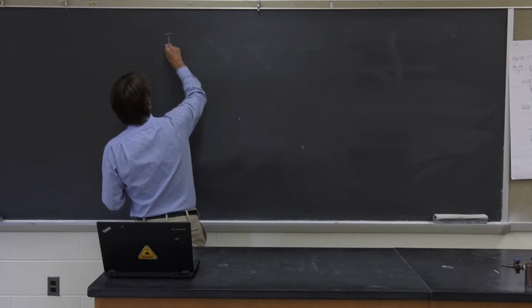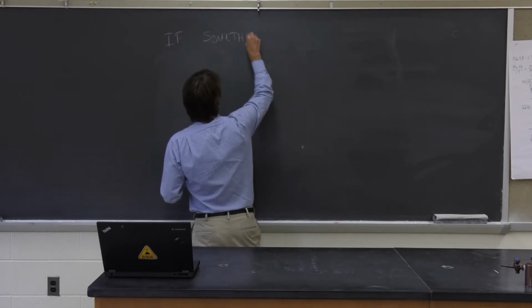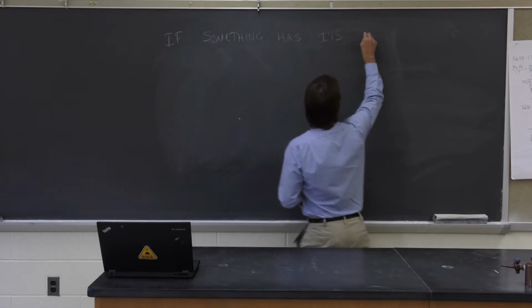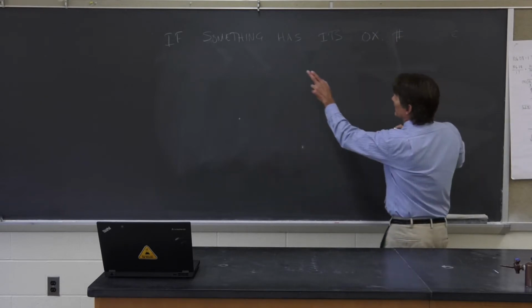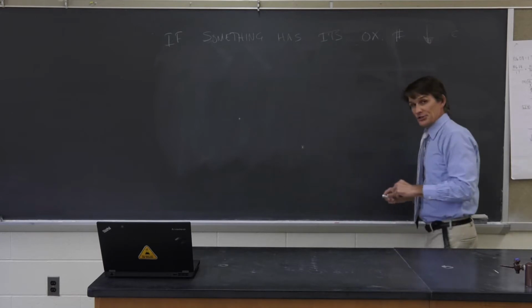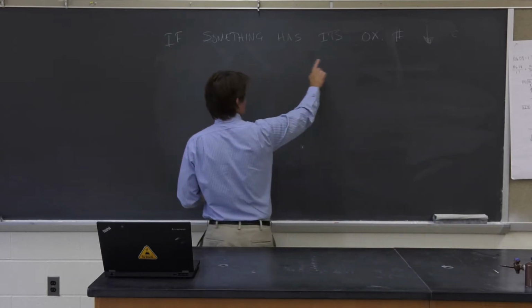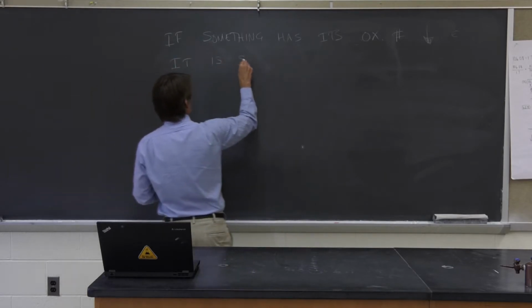If something has its oxidation number, I'm going to abbreviate oxidation number like that. If something has its oxidation number go down, I hope it makes sense to you that we would say that that something is reduced. So if something has its oxidation number go down, it is said to be reduced.